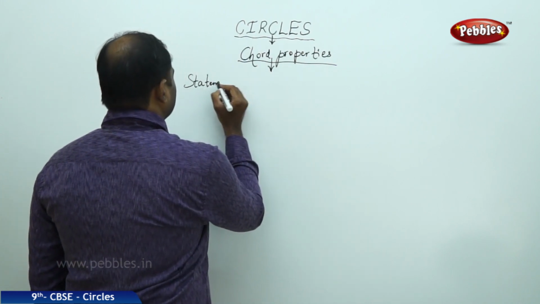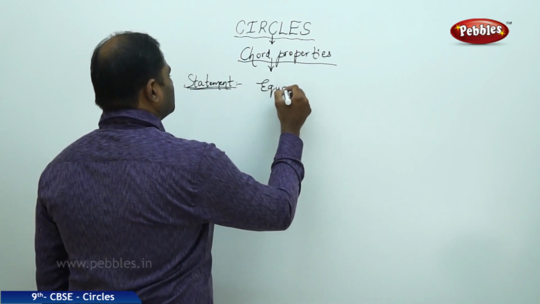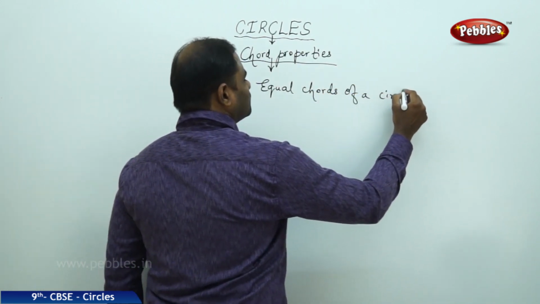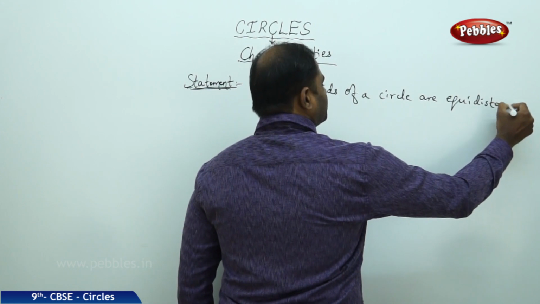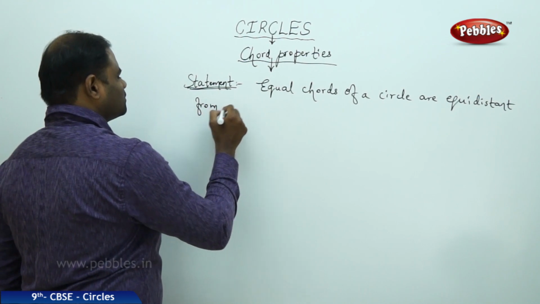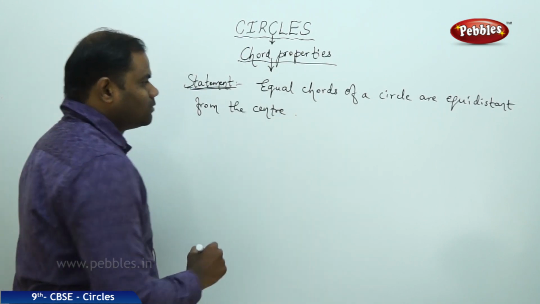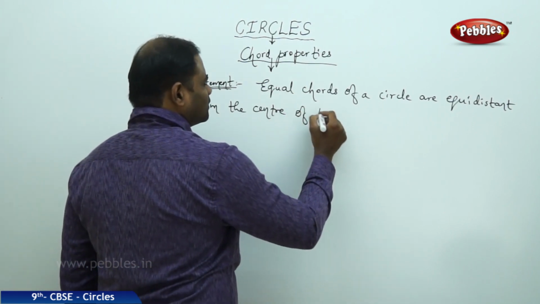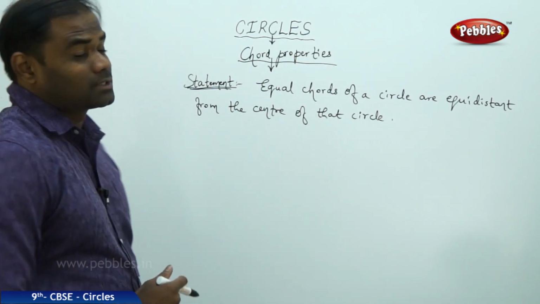Here I have a statement: equal chords of a circle are equidistant from the center. Equal chords of a circle are equidistant from the center of that circle is how the statement comes out.